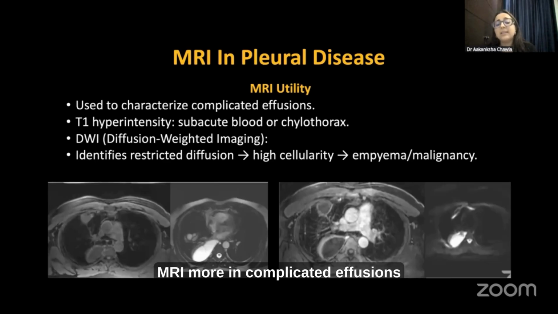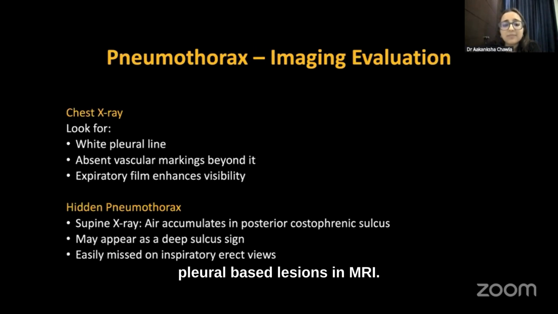So MRI in complicated effusions might be helpful in a chylothorax, a hemothorax, empyema, and even in certain cases of malignancy. The diffusion weighted images and the T1 weighted images would help you identify pleural based lesions in MRI.